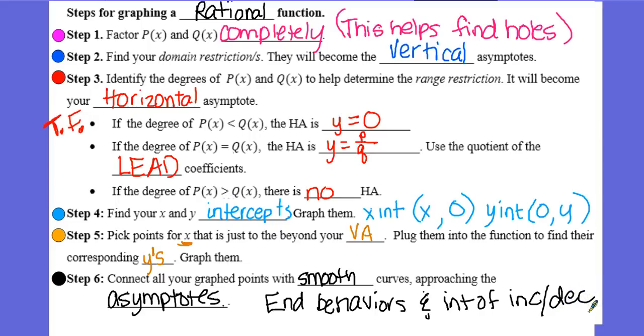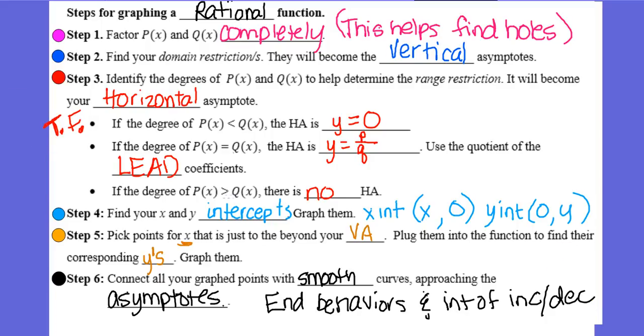There won't be intervals of constants, but there will be intervals of increase and decrease because it's all curves. The lines are always curving all of the time. It's never flat. Okay, so end behaviors and intervals of increase and decrease.